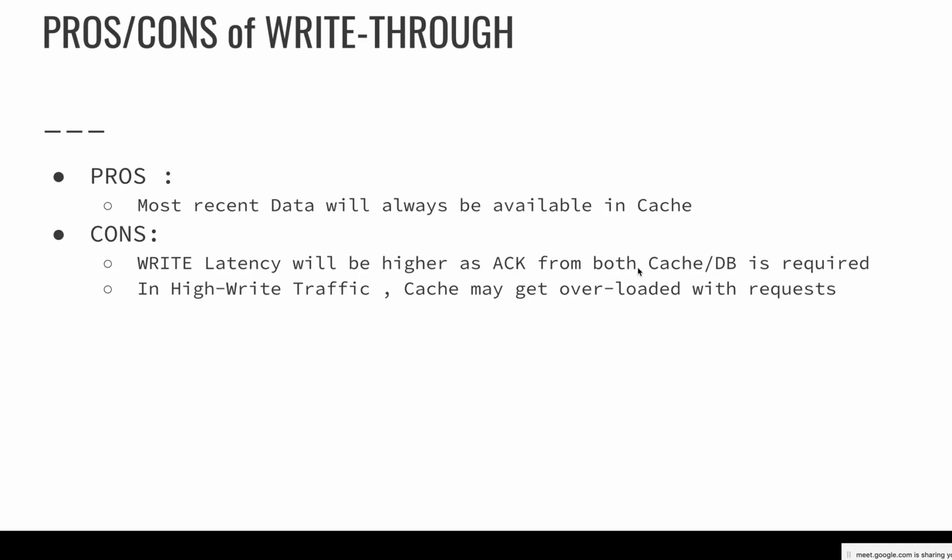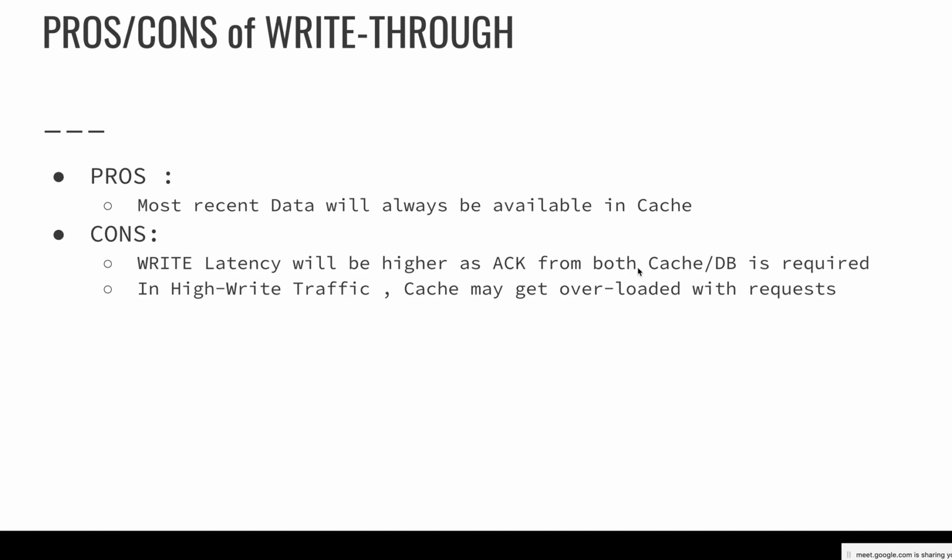So one of the pros that I could think of is that the most recent data will always be available in cache. If you see in write through, the data is first written to the cache and the server at the same time. That means your most recent data will always be available in the cache. Now, for example, Donald Trump tweets something.